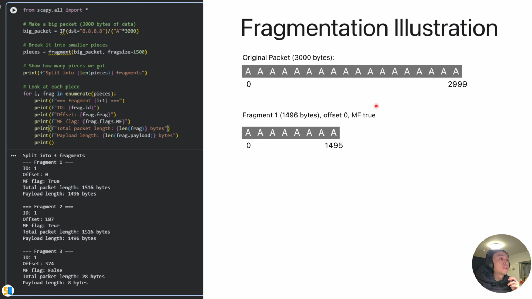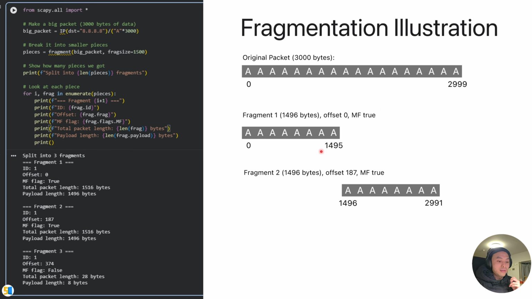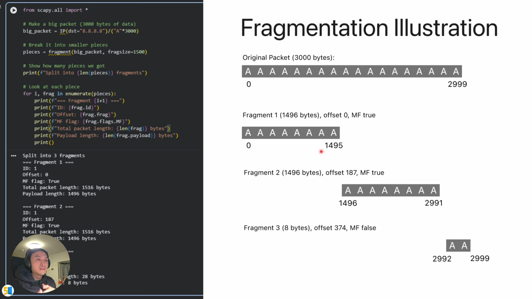This is the first fragment, this is the second fragment, and this is the third fragment. So the final destination host will wait and reassemble these fragments back into one IP package. Right, so that is fragmentation.